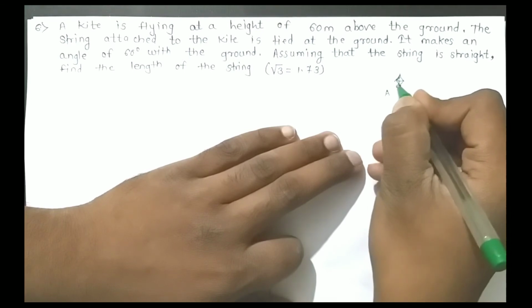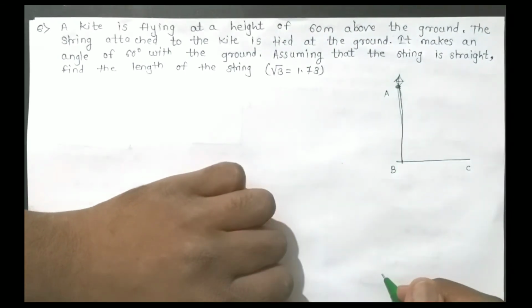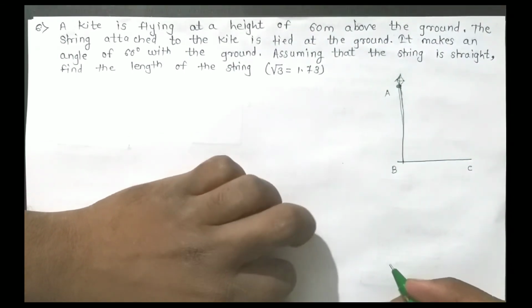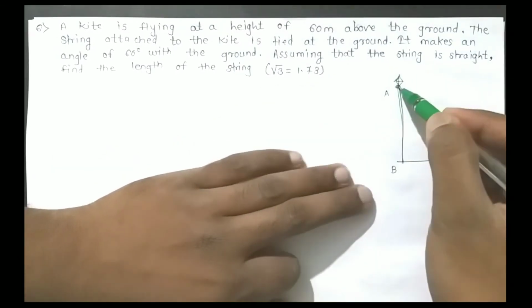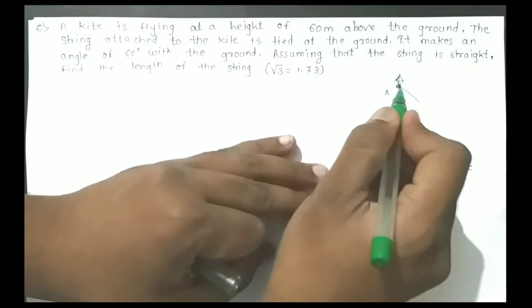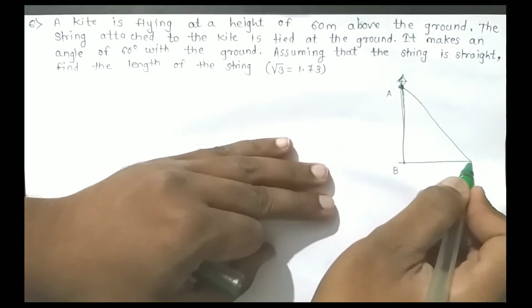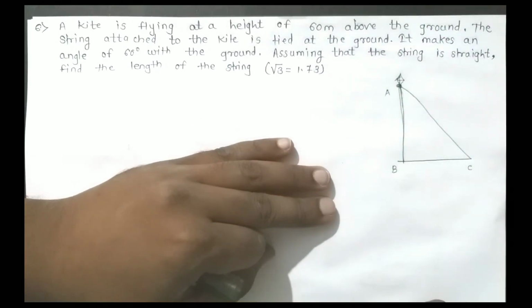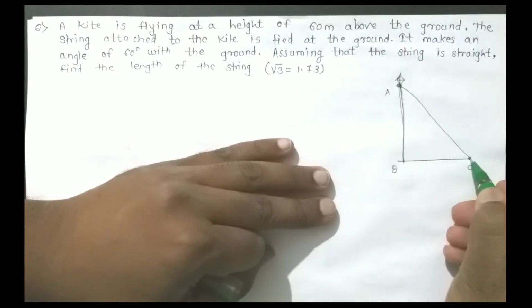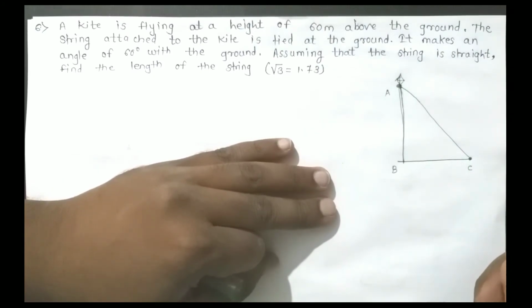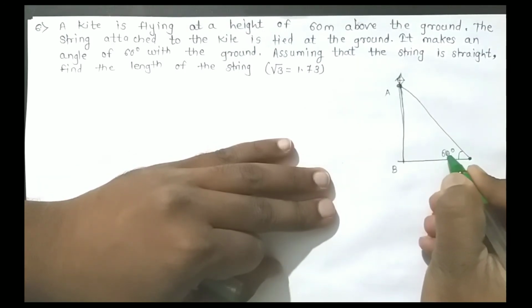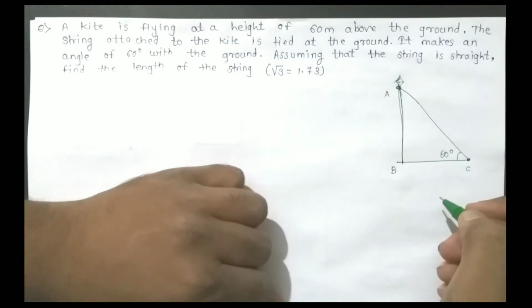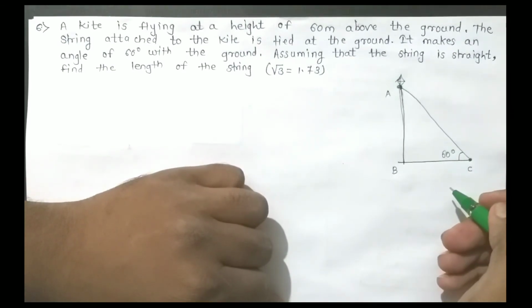A position of kite is A. The string attached to the kite is tied at the ground, and it makes an angle of 60 degree with the ground. Assuming that the string is straight.